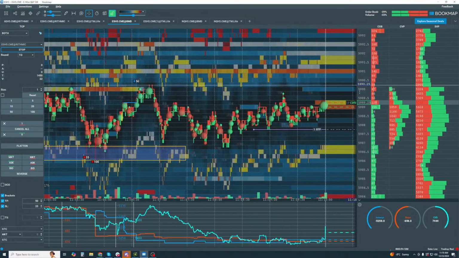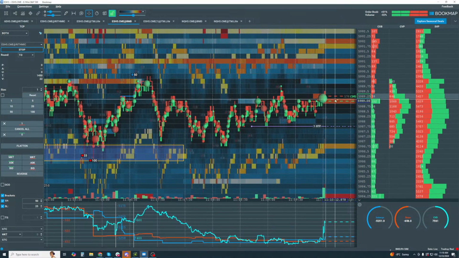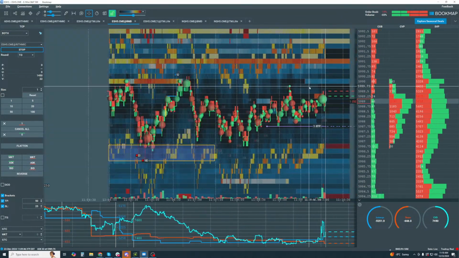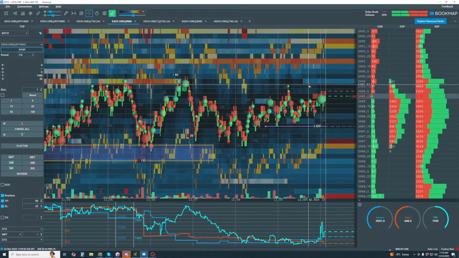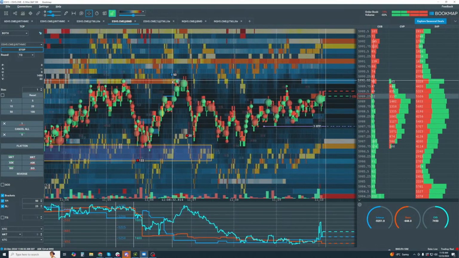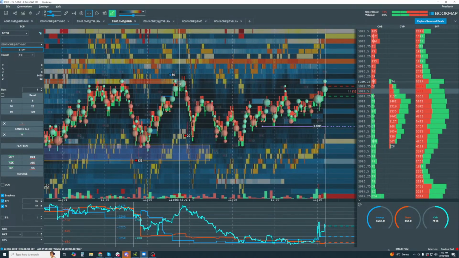Some high liquidity coming in, transacting into it right now, and here as well.